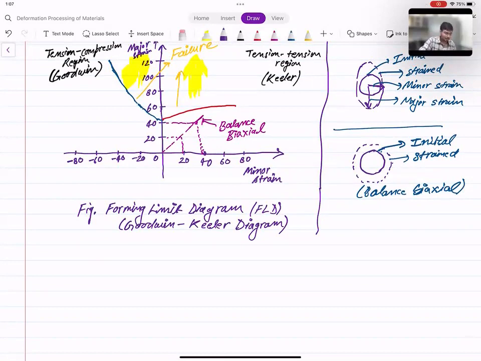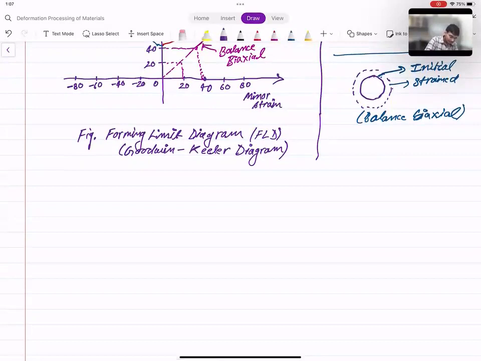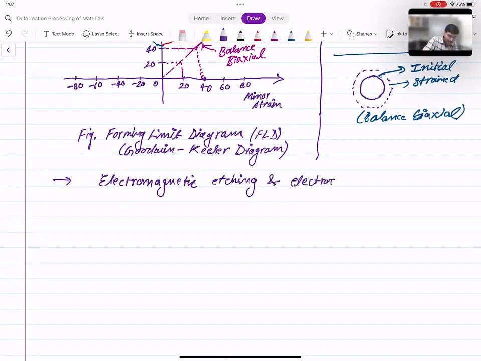Okay, so electromagnetic etching and electrochemical etching are used to make the grids.